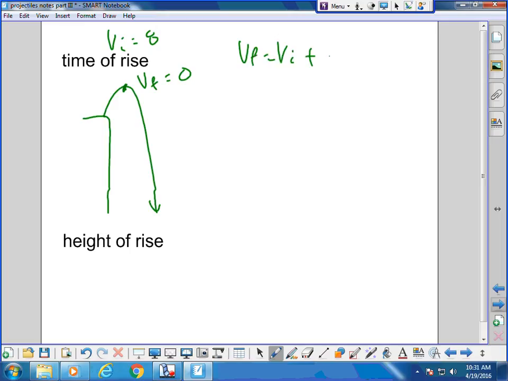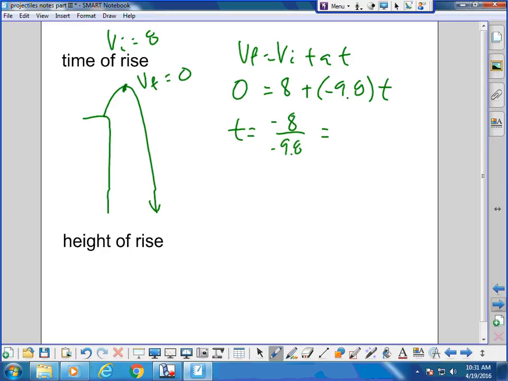VF equals VI plus AT, 0. VI is 8, acceleration minus 9.8, solve for T. T is going to be 8 divided by 9.8, right? Actually, technically, it's minus 8 and minus 9.8.